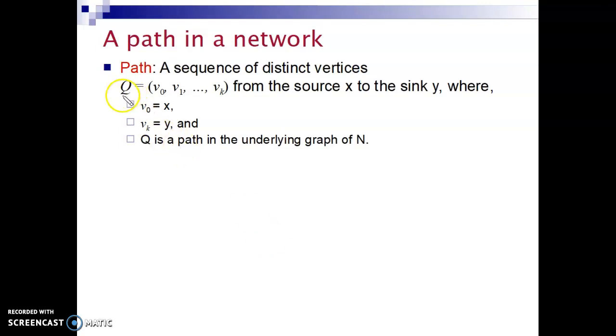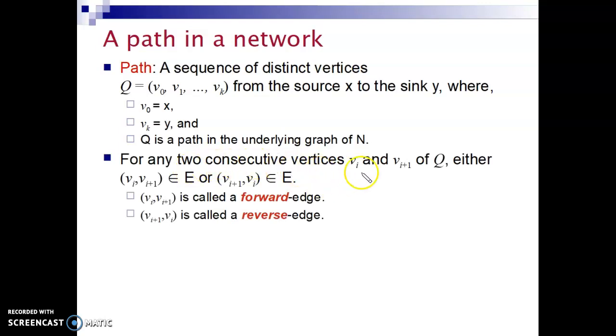It can be shown as Q, a series of vertices V0, V1 up to Vk, and it starts from source X and it ends at sink Y, which means V0 is equal to X, Vk is equal to Y, and Q is a path in the underlying graph of N. This means that we will disregard the direction of edges.